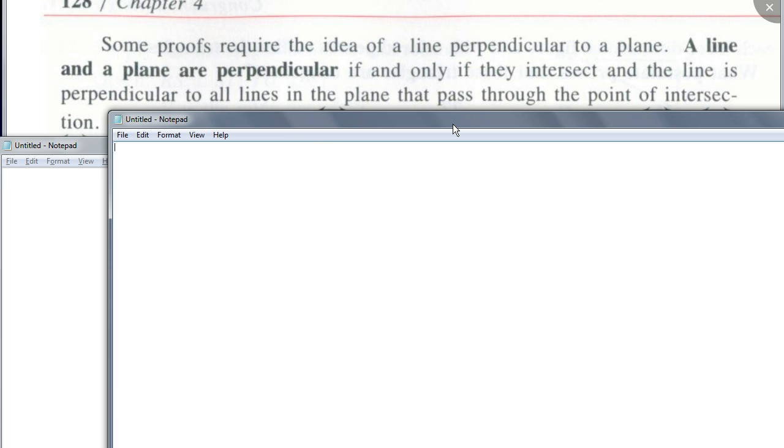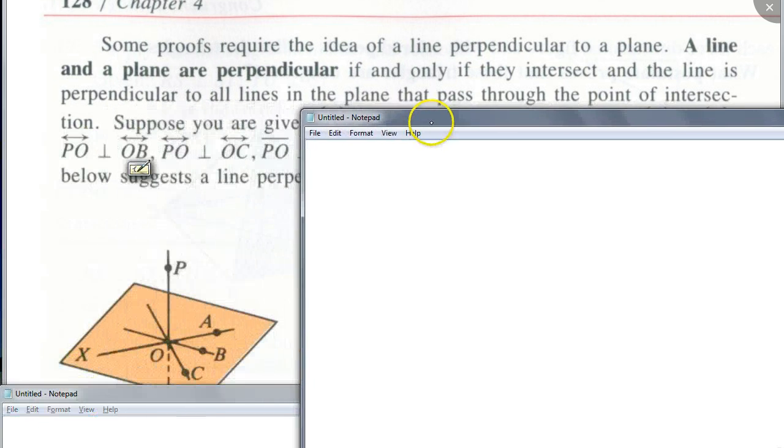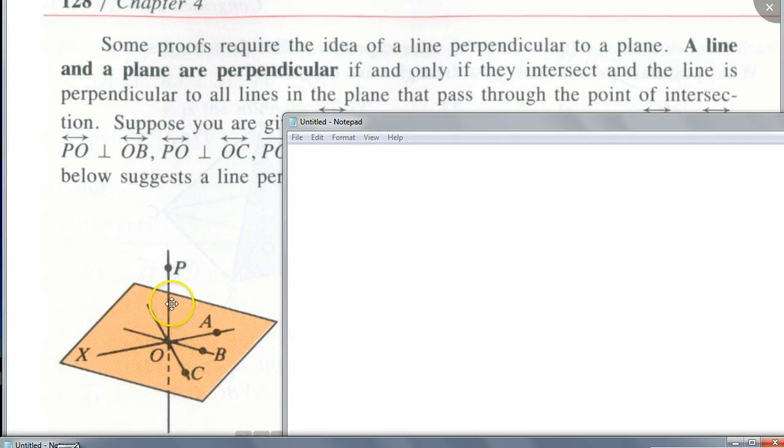No. I want you to write this. And here's a picture for it. You see how PO is the line that intersects the plane? And look, every line that passes through O in that plane is going to be perpendicular. Is that right? Yeah. Okay, go ahead, write this down. I'll wait.